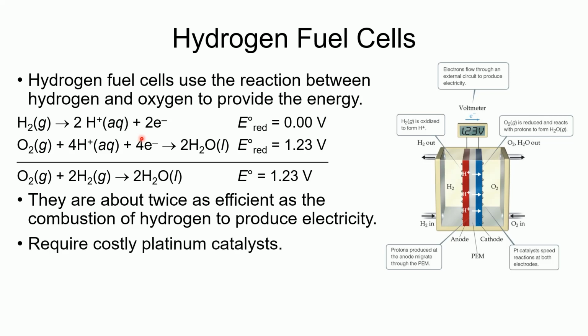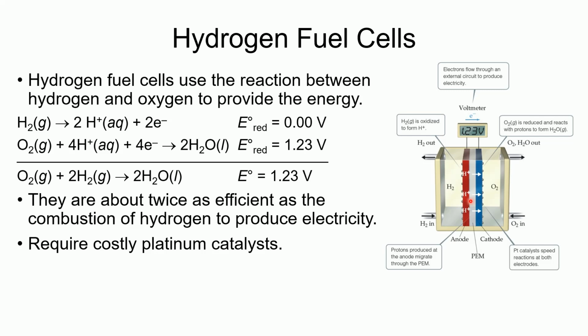However, in order to make this work, there's a very, very expensive platinum catalyst that is used to make the chemical equation work without the hydrogen and oxygen catching on fire. And you do need a pretty pure source of hydrogen and oxygen coming in, so there are some limitations there.